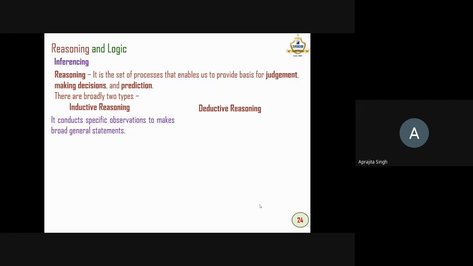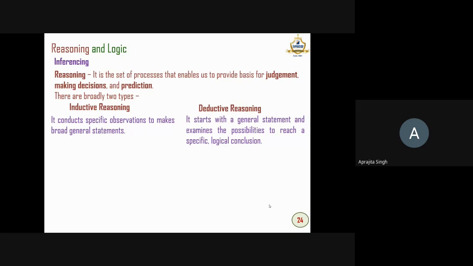Can you say that? What was the first statement? Mango is a fruit. Second statement is the box is full of fruits. Can you conclude that the box is full of mangoes? No, isn't it? Cannot do that. So inductive reasoning that you go about may not be true always. Okay.